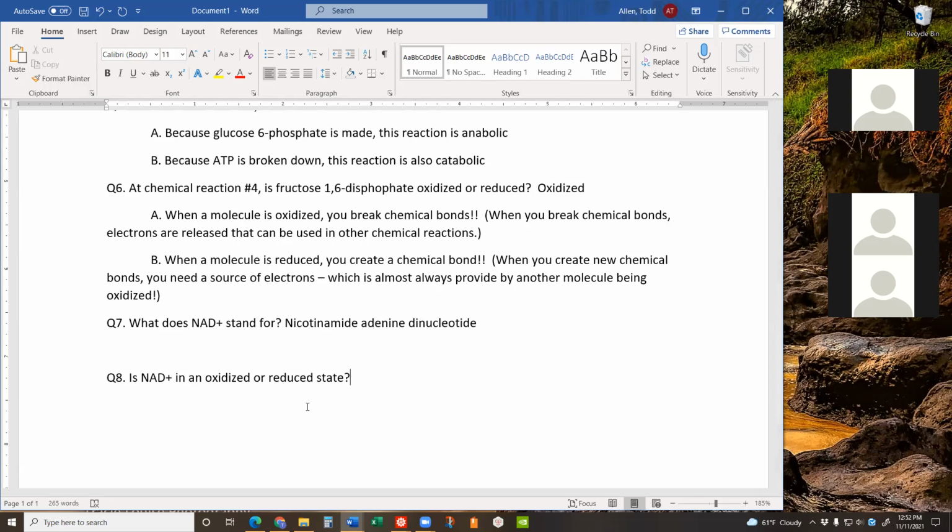Oxidized? How do you know that? Is it because it's being formed in the NADH?